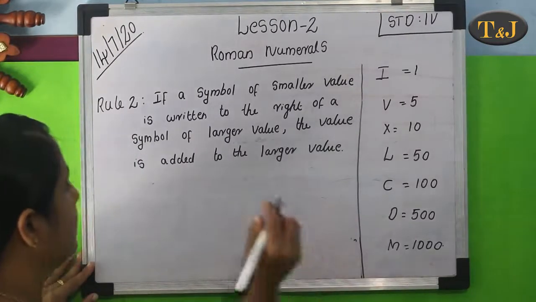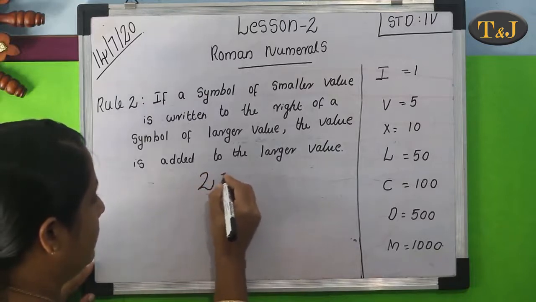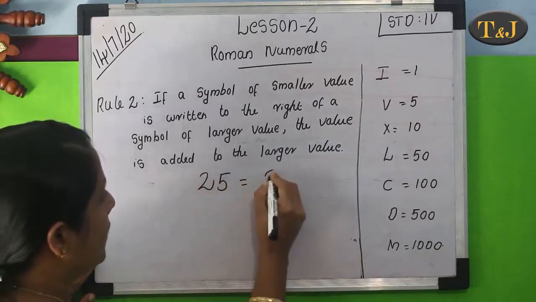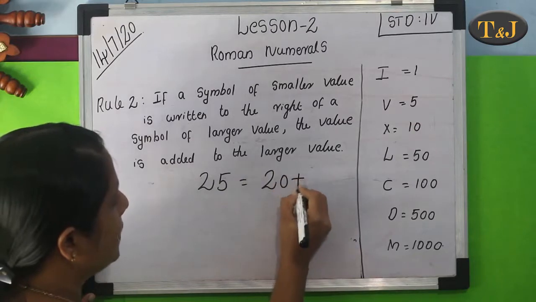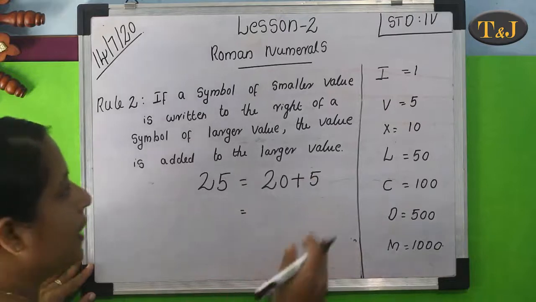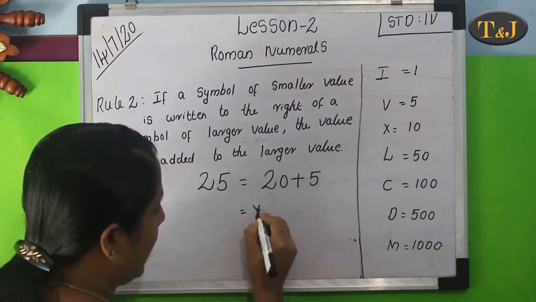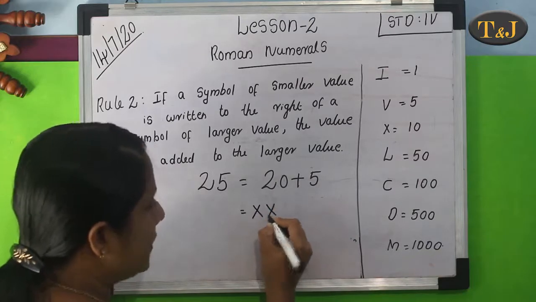Next we want the number 25. 25 is written as 20 plus 5. Then how can we write the number 20? In Roman numerals we know that 10 equals X. So we write X, then XX, that is 20.